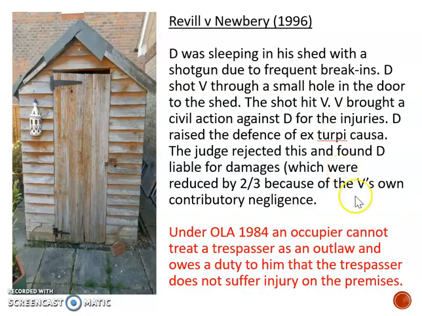But you can see that the court rejected that old defence. It's not really liked at all now, and instead applied contributory negligence. But you can see it massively reduced the damages here. And under the 84 Act, the court emphasised in this case that you cannot treat a trespasser as an outlaw, and you have to ensure that they don't suffer injury on the premises.